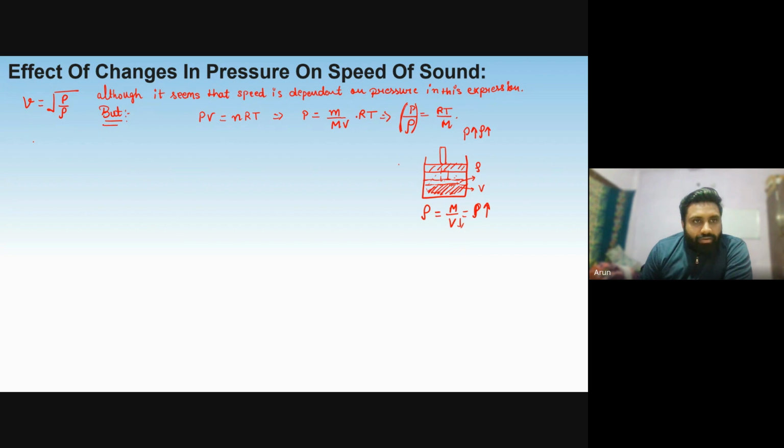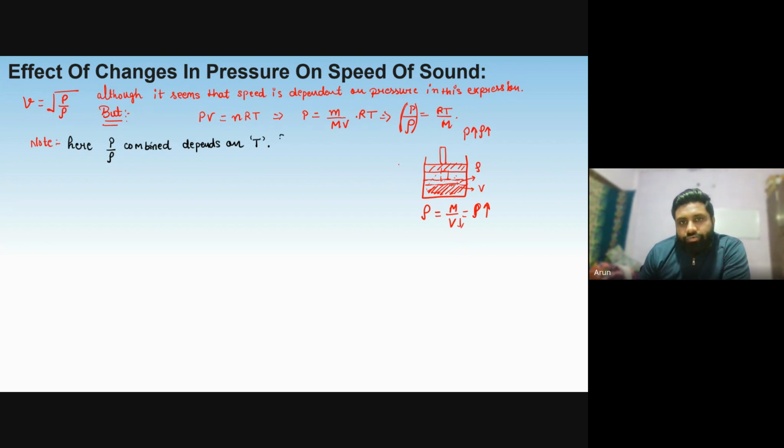Note it down: here, pressure upon rho combinedly depends on temperature.